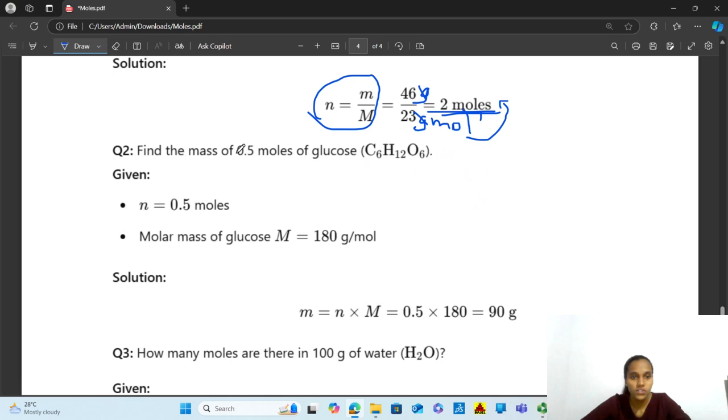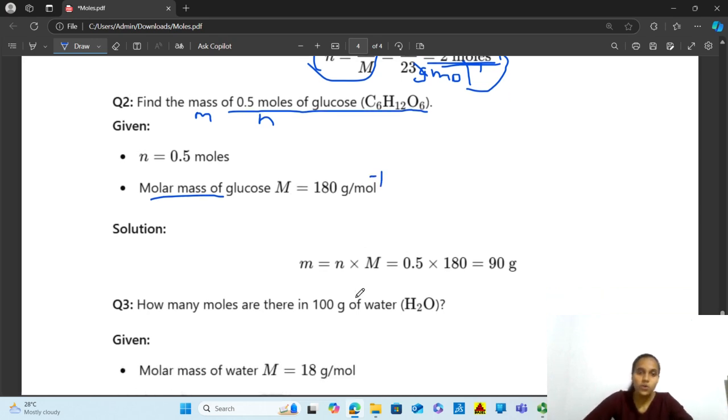We'll see the next question. Find the mass of 0.5 moles of glucose, which is C6H12O6. So they are asking for small m. They have given n in moles, and they also gave us the molar mass, capital M, which is 180 grams per mole.